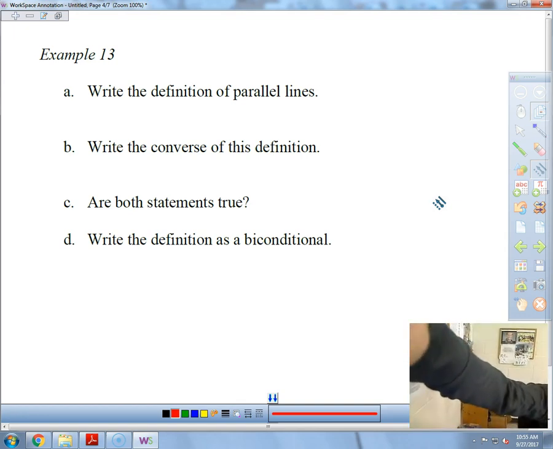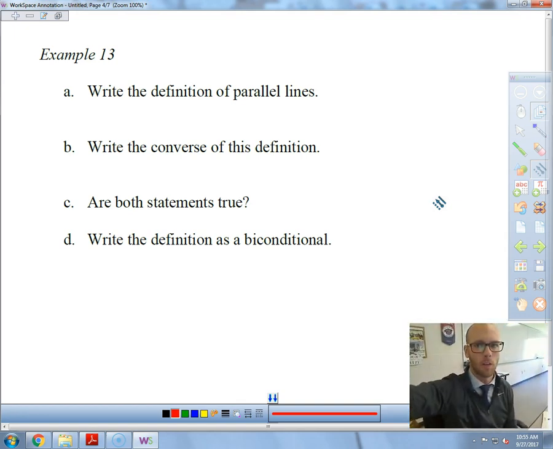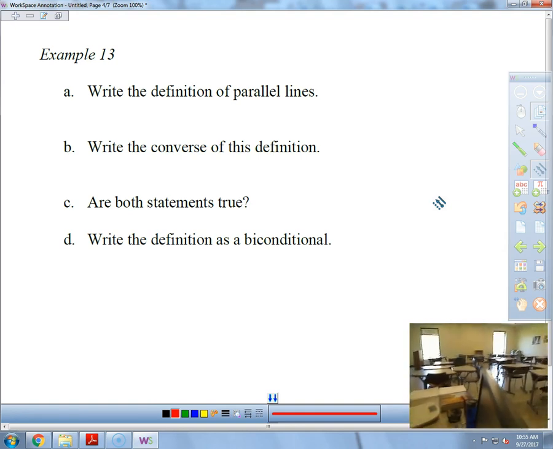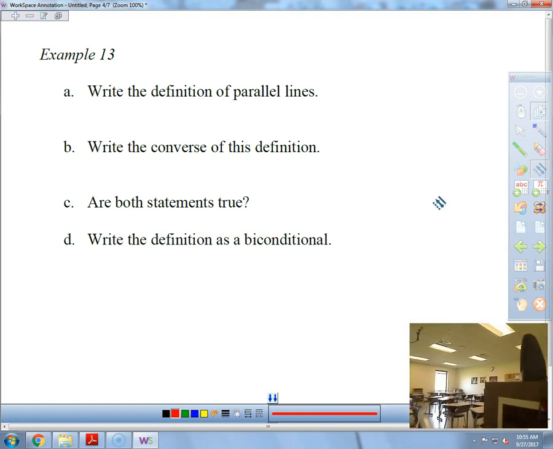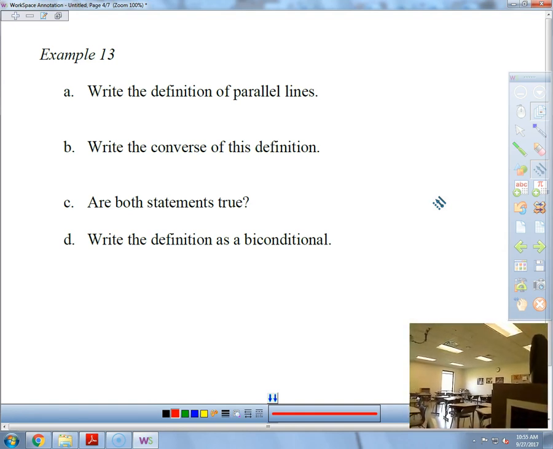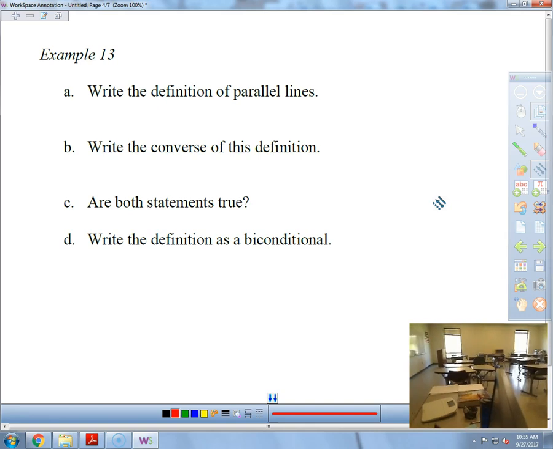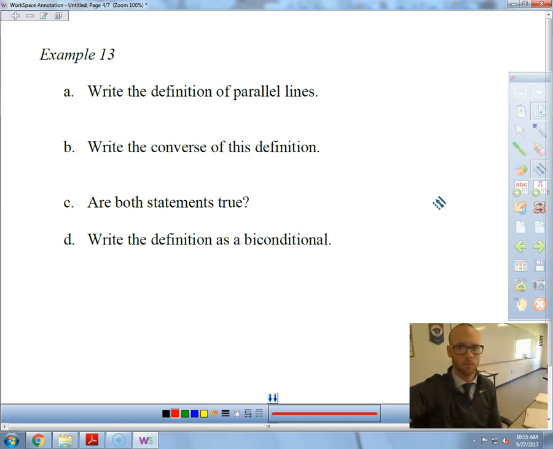Now compare that to that horizontal line at the top of the back of the classroom, up there where the ceiling meets the wall. Do those two lines intersect? No, they don't. Would you consider them parallel though? I don't think so.